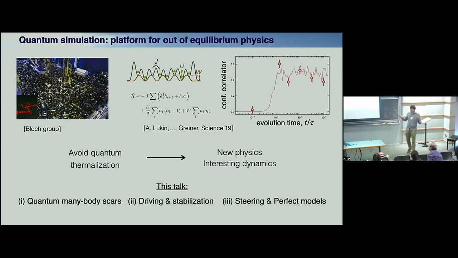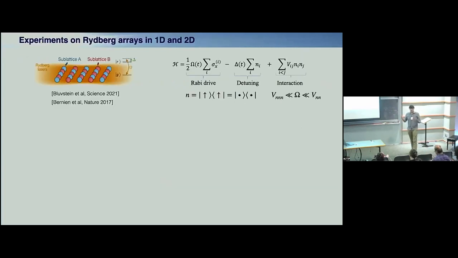And again, today I'll start with a review of scars, and then move on a bit into the driven scar realm. Scars were brought around by the Rydberg atom simulator, and you've seen this Hamiltonian already in a few previous talks. Basically it's an Ising model written in a special way. Instead of sigma z, I will use n, a projector onto spin up, or onto a Rydberg atom state.